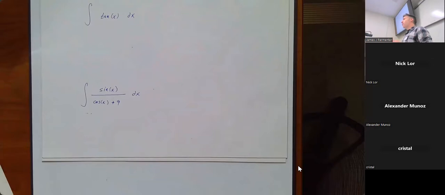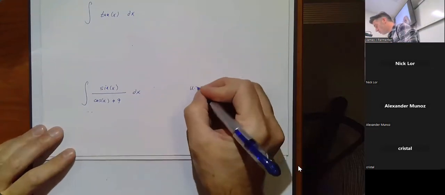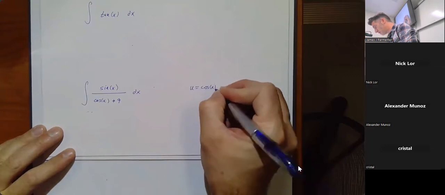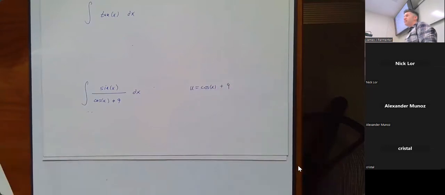Now I want to point out, a lot of the time when you're picking u, sometimes you're like, well, I can just pick cosine of x. But typically, if you can pick your thing plus a constant, you always want to grab that constant along with it, because you're getting it for free. If I pick u equal to cosine of x plus 9, the plus 9 is not going to change the derivative at all.